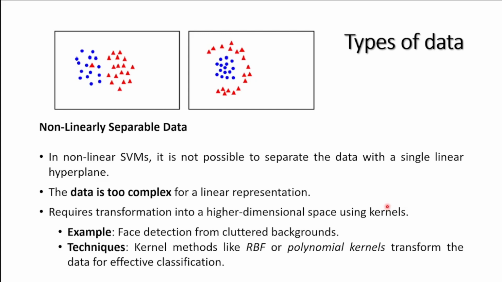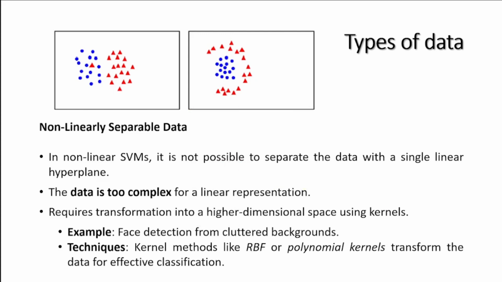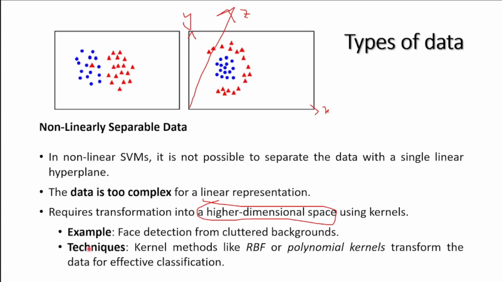If we talk about X and Y, a higher dimensional space basically means we could add one more, Z. That would be part of the discussion afterwards. This technique is called kernel methods, like RBF and polynomial kernel, which transform the data for effective classification.